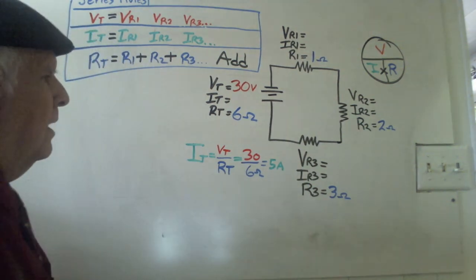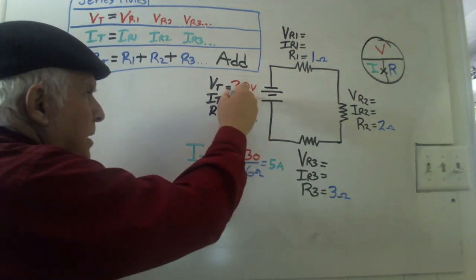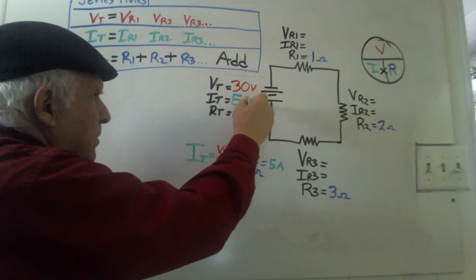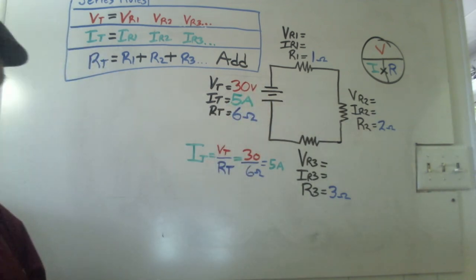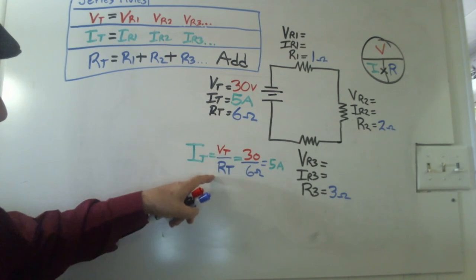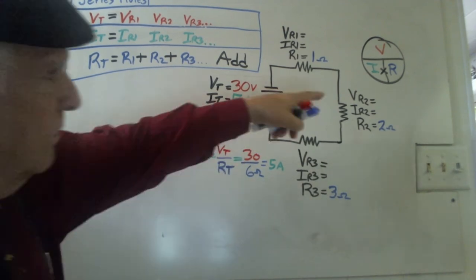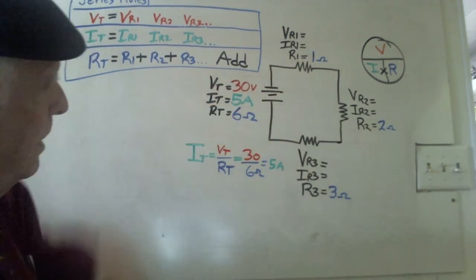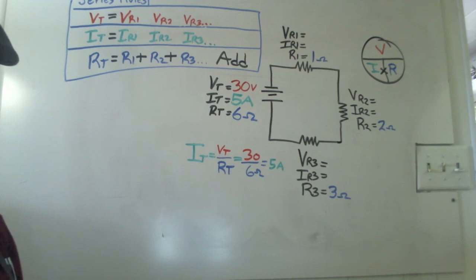Okay, so I know that the total here is 5 amps of current. That was using Ohm's law, voltage total over R total, because I is equal to V over R, and here are my totals. And I got the 5 amps out of this.